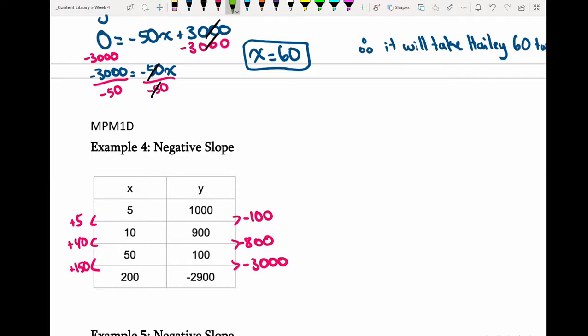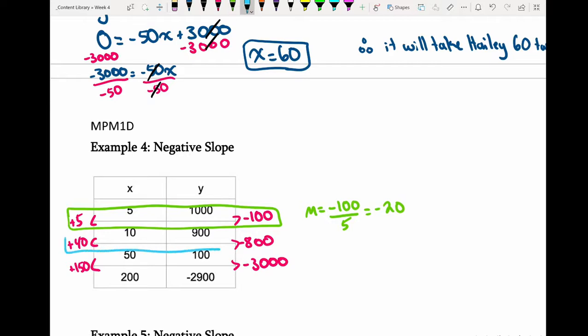Again, we should know that it doesn't matter which pair we use, we will always get the same answer as long as it's linear. And in this case, for right now, all the relationships will be linear. So again, do that change in y over change in x, negative 100 over 5, and we get negative 20.